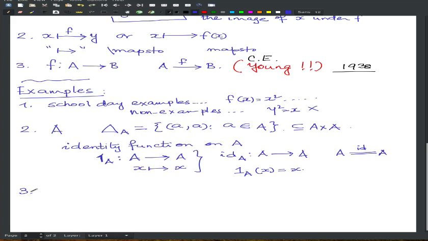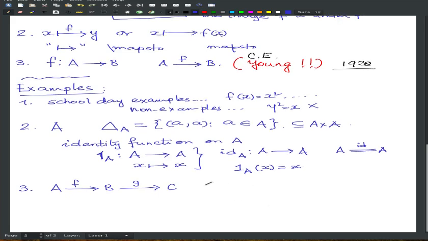The next one is, suppose we have a function this, and we have a function this. So it means that f is a relation from A to B, and g is a relation from B to C. So we have the composite relation.